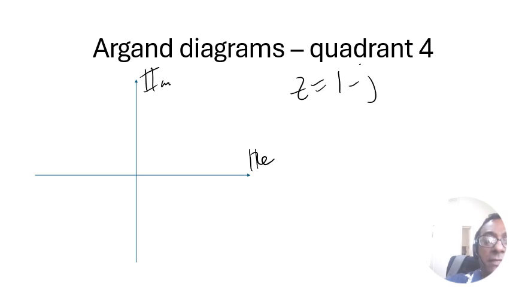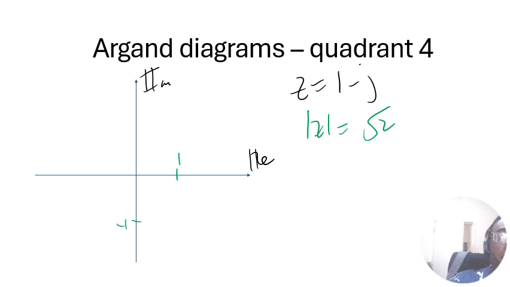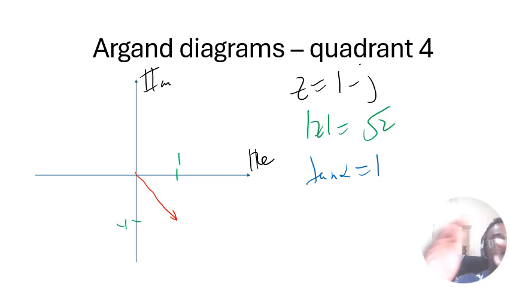If we look at this, the magnitude there would just be root 2, yes? That's 1, that's minus 1, and that's what we're heading for. We know that the magnitude there would be root 2. Now we introduce our reference angle again, tan of alpha, which is just 1, so alpha is pi by 4.